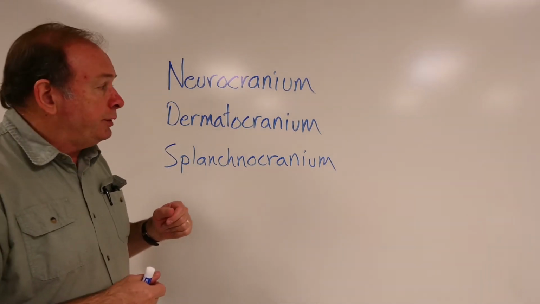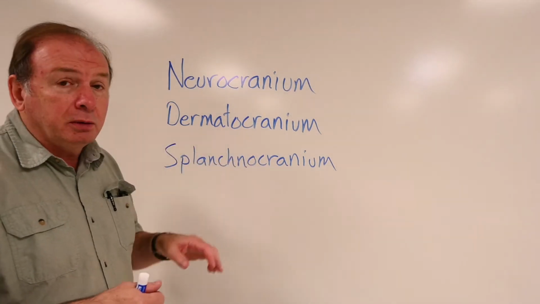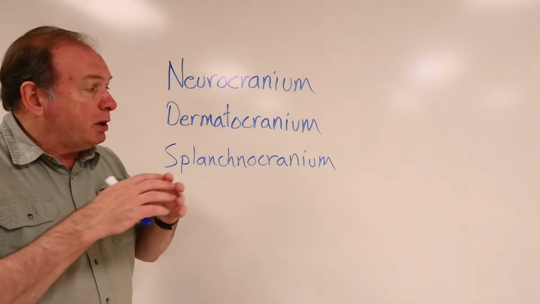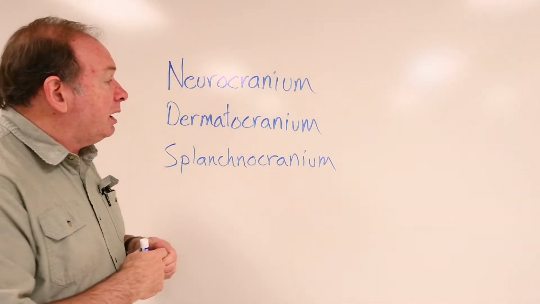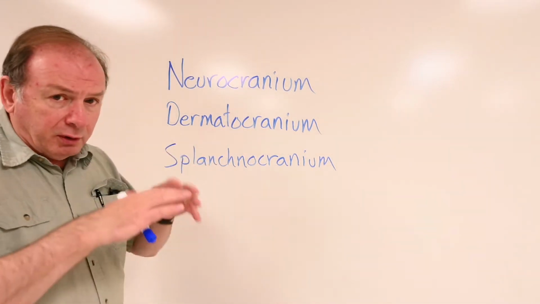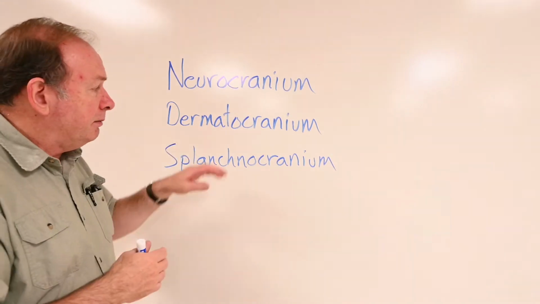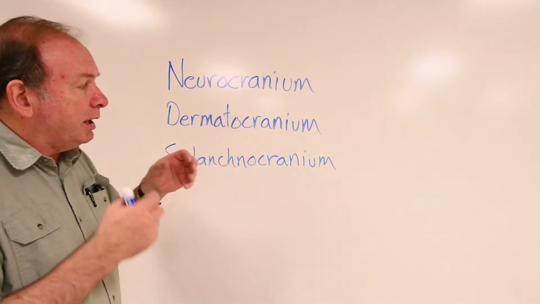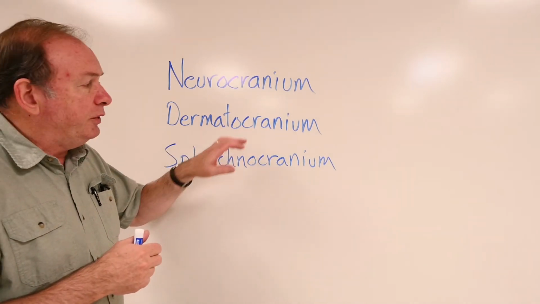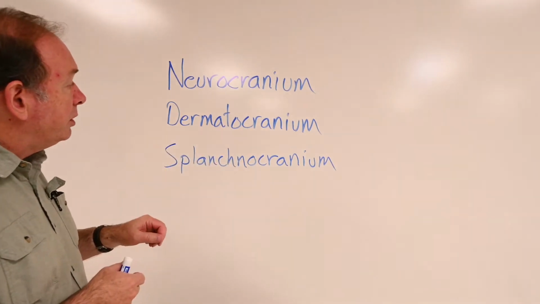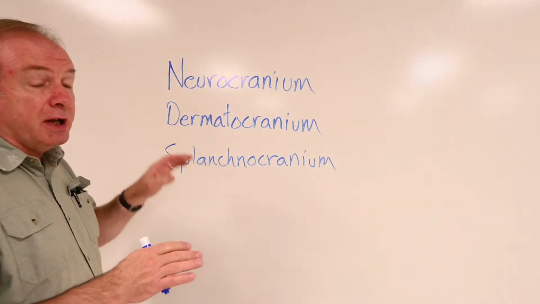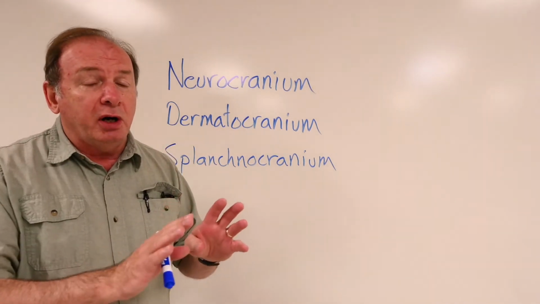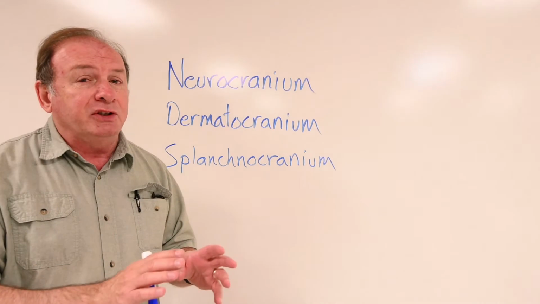Dermatocranium, the next group, this is all dermal bone, starts as intramembranous bone, and in cases, most of the human skull above, and the lower jaw as well on the outside of the lower jaw. But anyway, we'll look at all the parts of the dermatocranium here as we go through. But this does not show up in the phylogenetic chart until we get to the bony fishes.